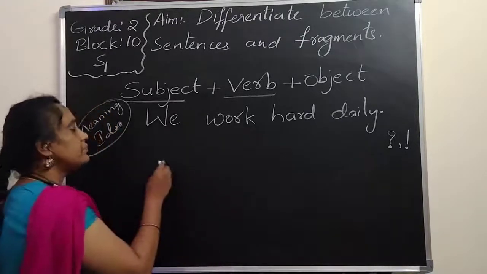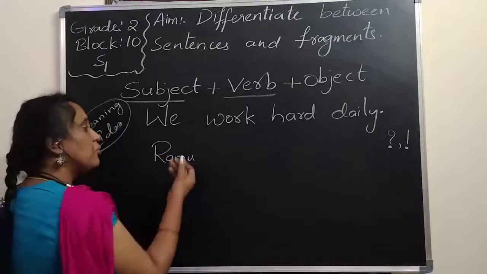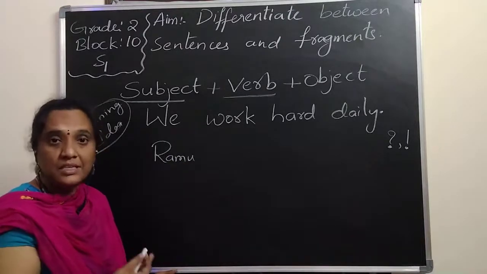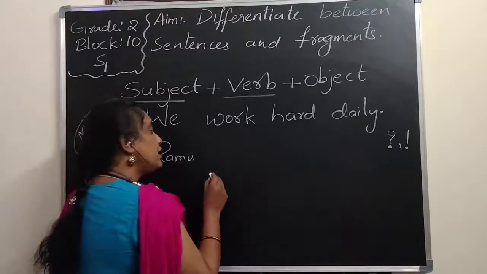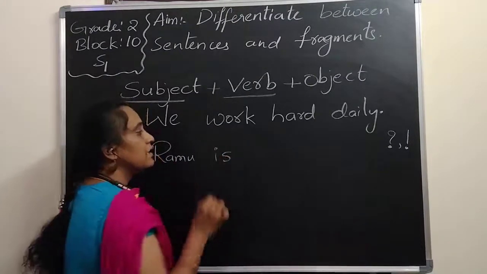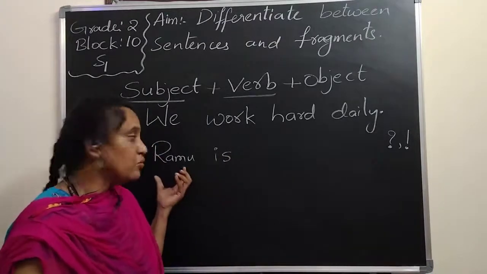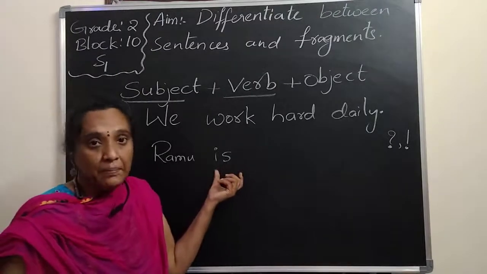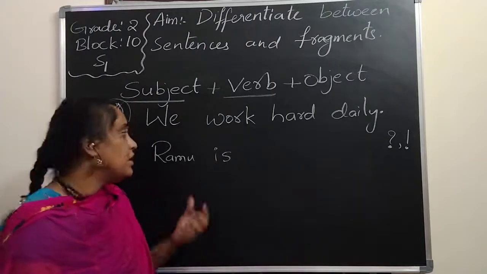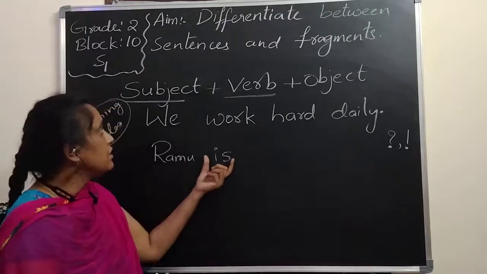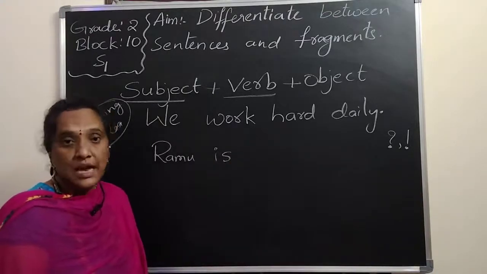Now if I say simply Ramu, is it a sentence? No, it is just a subject. If I simply say Ramu is, can you see if it is a sentence? Ramu is a subject, and is is a helping verb. Is, am, are, was, were, these are the helping verbs. Now Ramu, a subject, and the verb is. Does it become a sentence? No, it doesn't have any meaning.